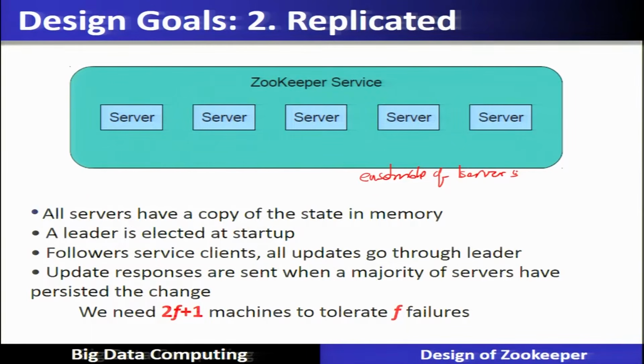So, it is not one server on which the Zookeeper will run, but an ensemble of servers. All the servers have a copy of the state in memory, and since all servers have the same state, a leader will be elected at startup and at all times. Let us say this is the leader and all others are the followers.